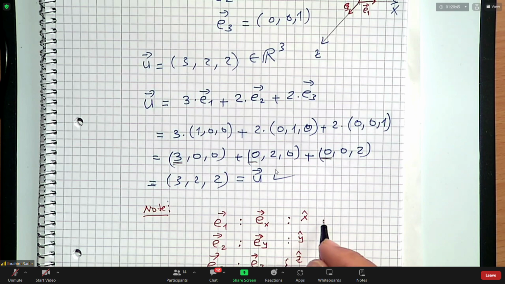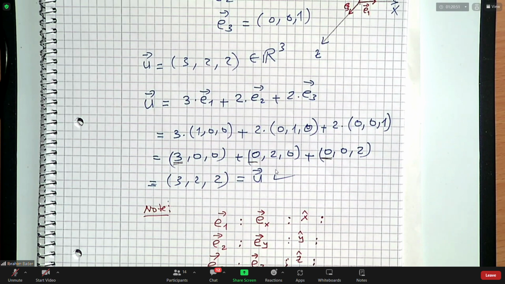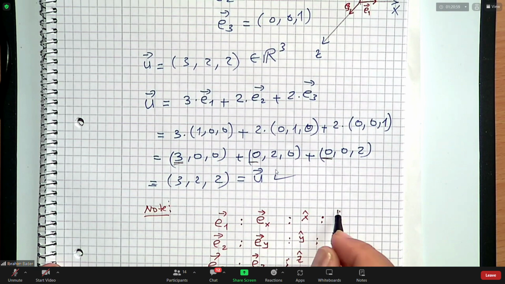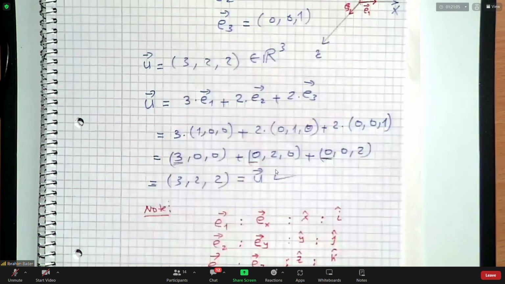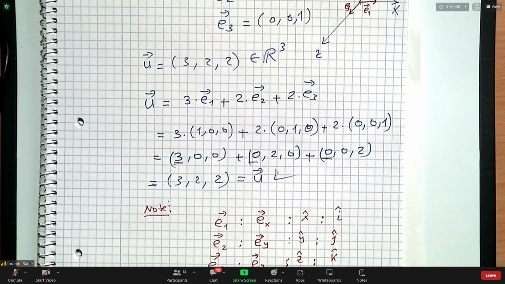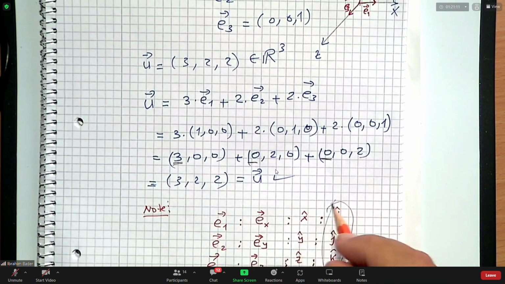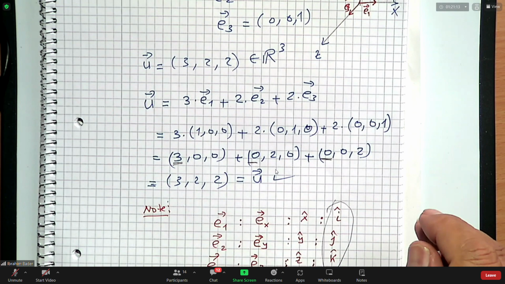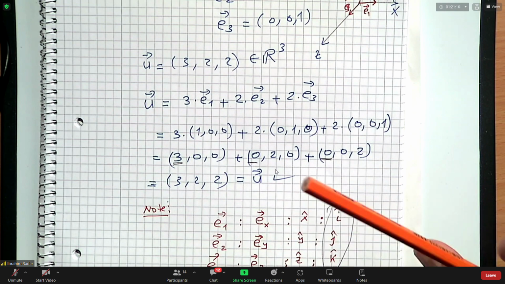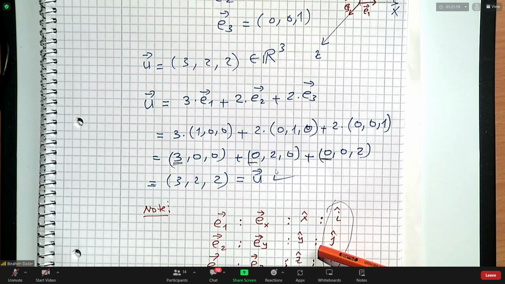And now comes a very interesting representation of these, which is i, j, and k, sometimes with a hat on top of it, sometimes without. I'm going to use this especially when it comes to evaluating the cross product. Tell me, are you used to this ijk notation here? Some of you were exposed to this before.